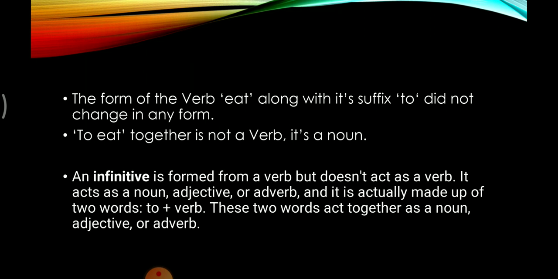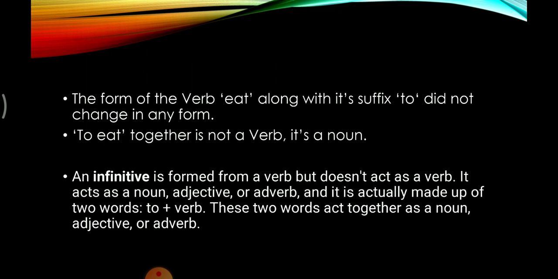Now comes the definition. An infinitive is formed from a verb but doesn't act as a verb. Okay? It is formed of eat, but it is not eating. So it is not acting as a verb. It acts as a noun, adjective or adverb. And it is actually made up of 2 words, to plus the verb.